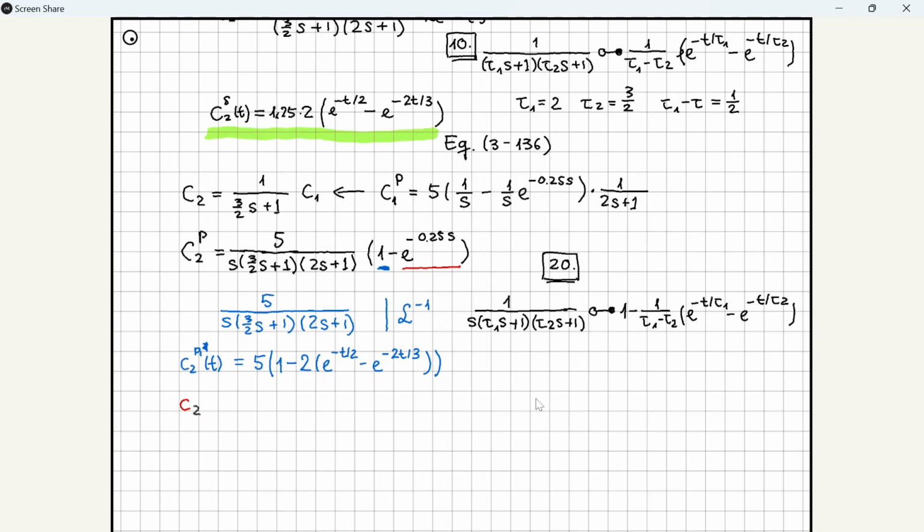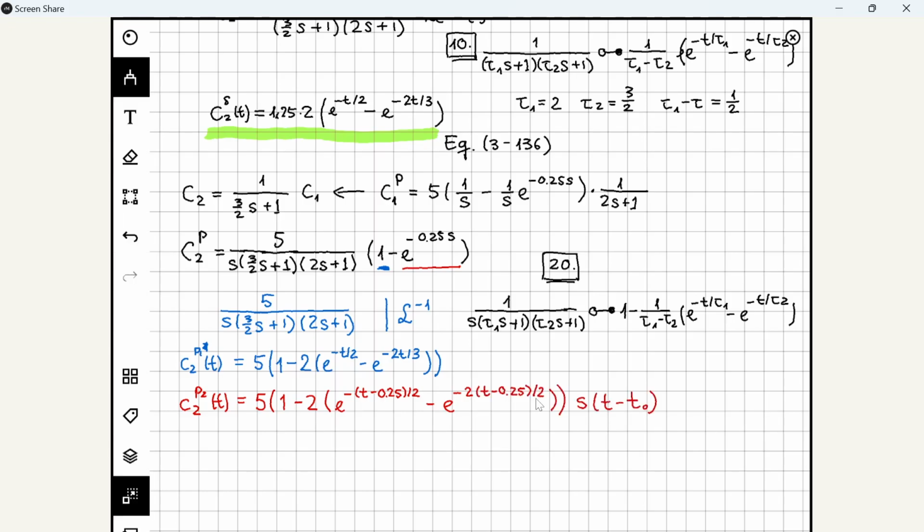So this is now C2P2 of t equals 5 times 1 minus 2 e to the minus t minus 0.25 divided by 2 minus e to the minus t minus 0.25 divided by 2. And then I have to multiply it with a shifted time constant.